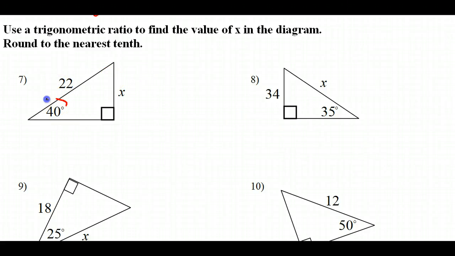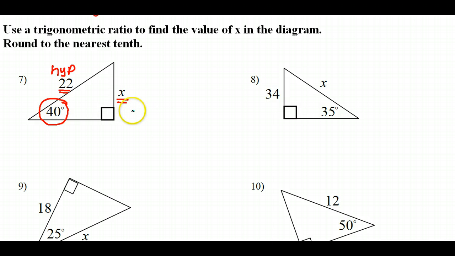So looking at this 40 degrees, look at the two things that I've got labeled. I've got this x and I've got this 22. Are either of those the hypotenuse? Yes. What's the hypotenuse here? 22. So I've got myself a hypotenuse. Now, look at the x.